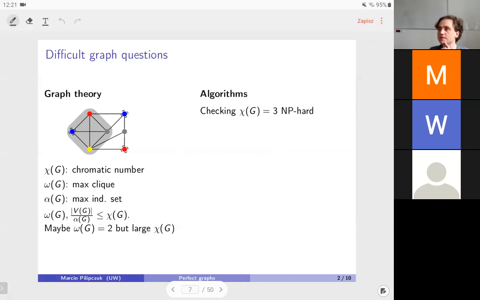In this year's algorithms course, this was the root of the reductions at the beginning, and then we connected it to 3-SAT. But alpha and omega are not only NP-hard, they are even very hard to approximate. Distinguishing graphs with independence number of size n to the 0.1 from n to the 0.9 is an NP-hard problem. I don't want to discuss exactly the assumption behind this, but these are believed to be hard.